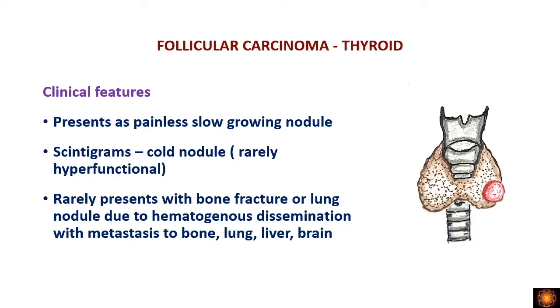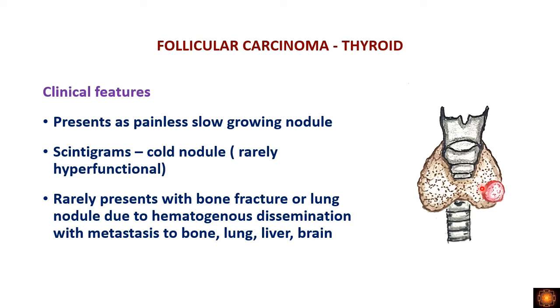Now when we see the clinical features, the patient typically doesn't have any specific feature, he just presents with a painless slow growing nodule. This nodule on scintigram presents as a cold nodule, but this follicular carcinoma has a hematogenous spread, so very quickly it goes to the bones and the lung.